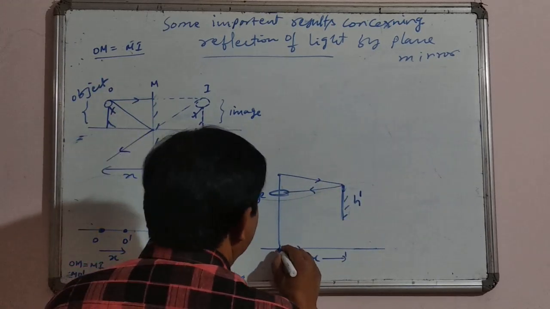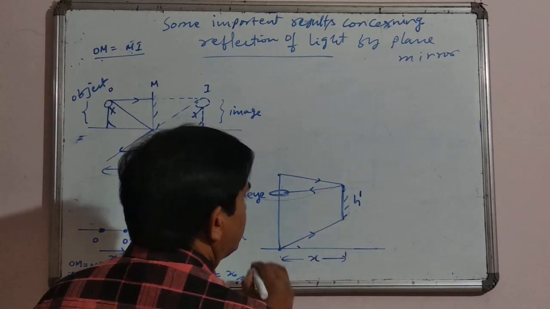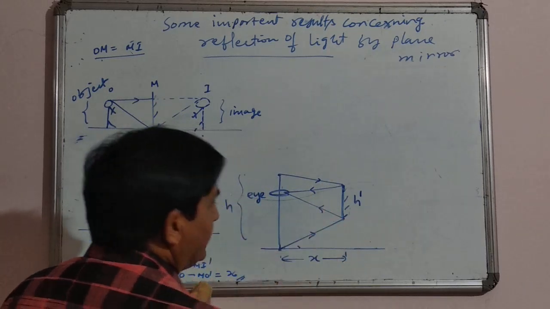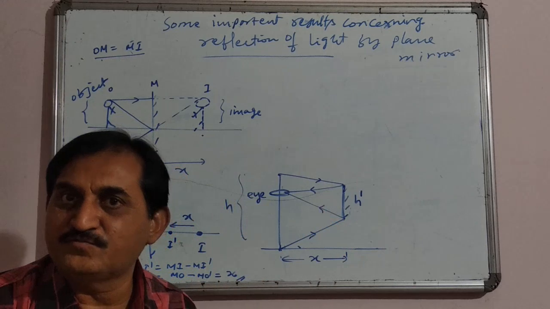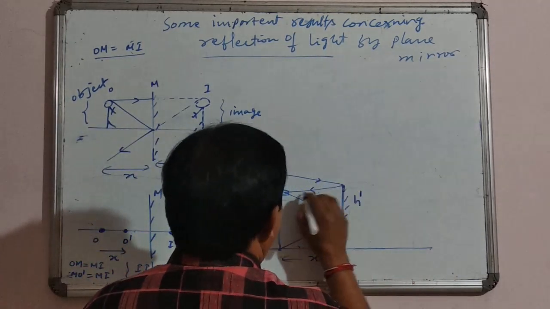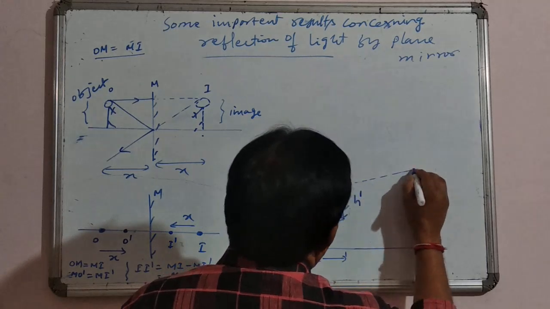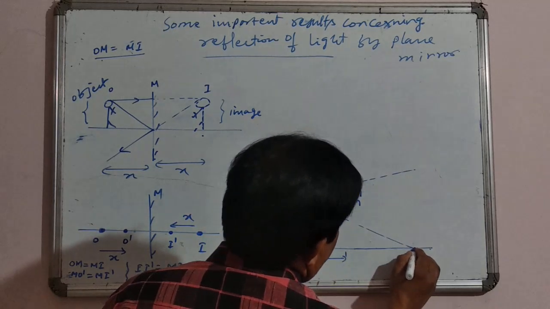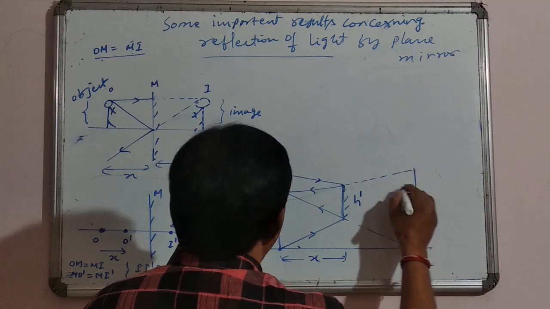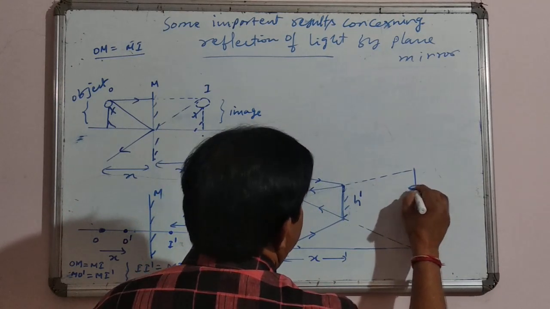Similarly from the foot, light is incident at the lower edge, and after reflection it reaches the eye, so he can see his foot. Finally these reflected rays are extended, and this is the image of this person.